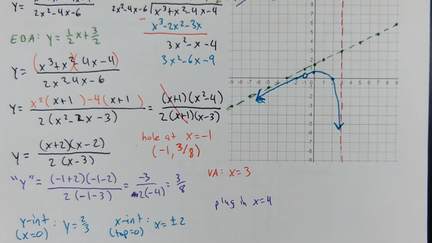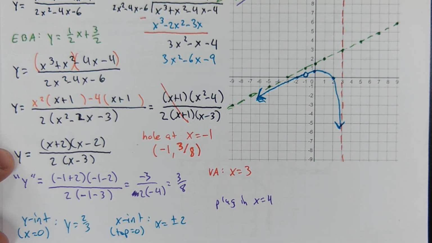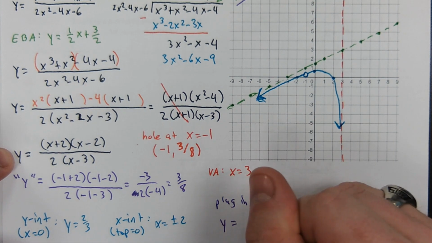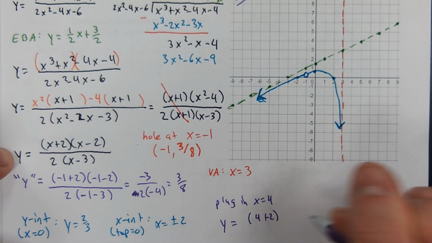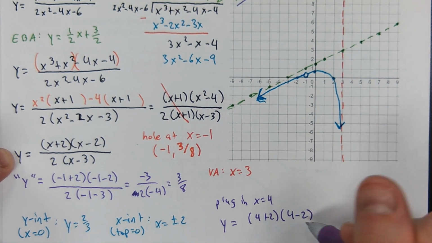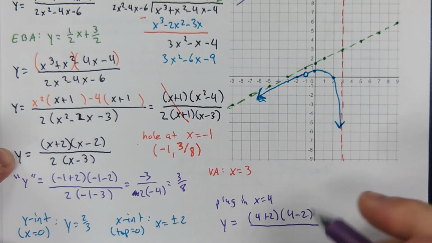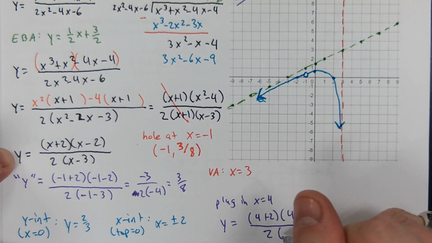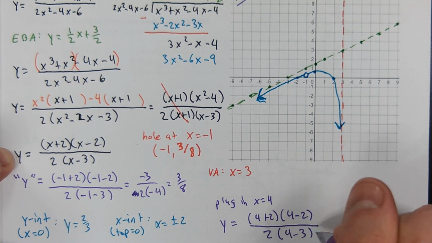So I'm going to plug in x equals 4, and I'm going to do it here because it's already factored. To get y equals 4 plus 2, that's going to be 6. 4 minus 2, that's 2. So I have 6 times 2 on top. And on the bottom, 2 times 4 minus 3. Well, that one's easy.